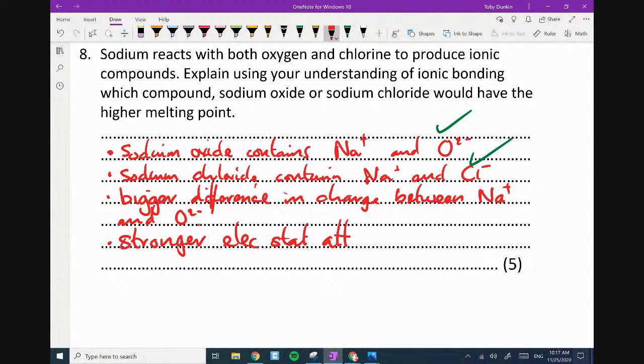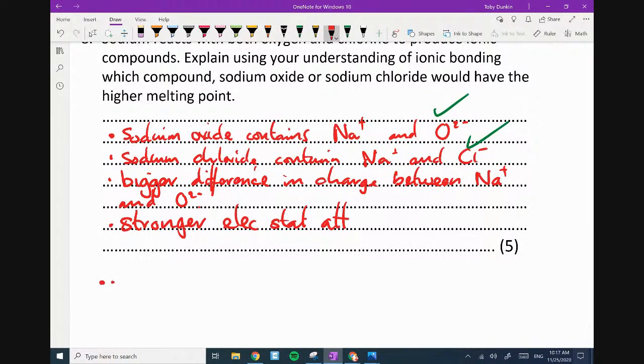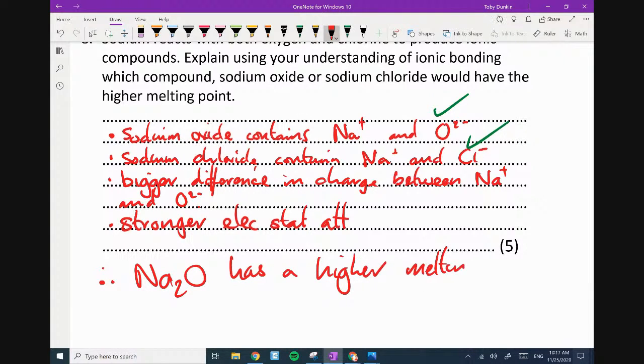Explain your understanding about which. We haven't actually said it. Therefore, Na2O has a higher melting point. You can't do MPT in your exam either. Melting point. 5 marks. Tick, tick, and tick. We're done.